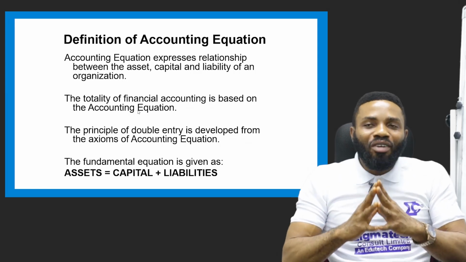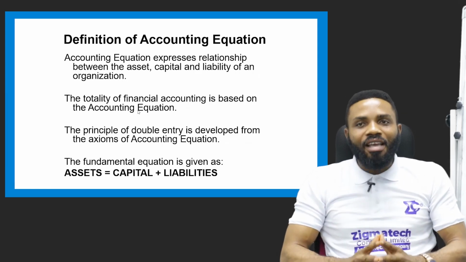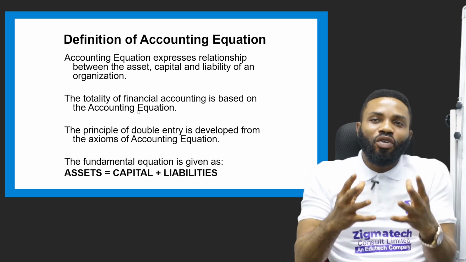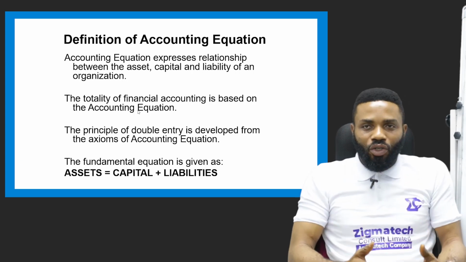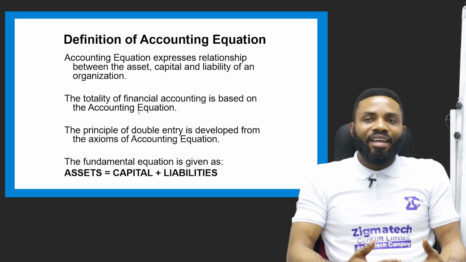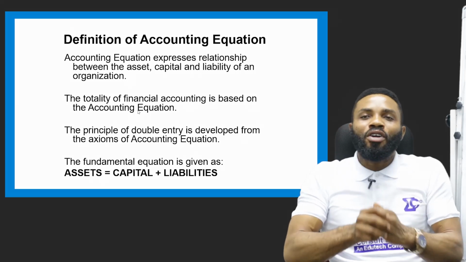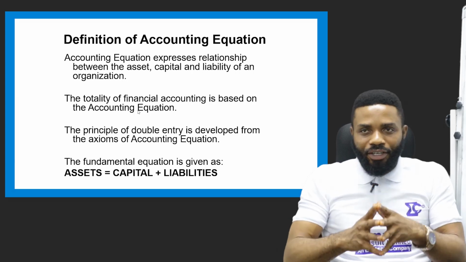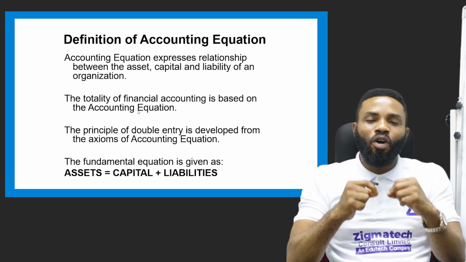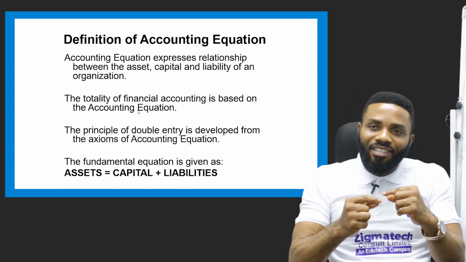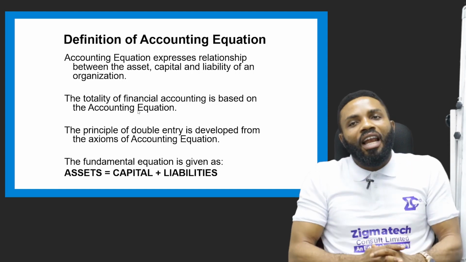Now, an accounting equation is simply an equation that expresses relationship between asset, capital, and liability of an organization. Every organization has a foundation. The foundation of every organization is their asset, their capital, and their what? Liability.